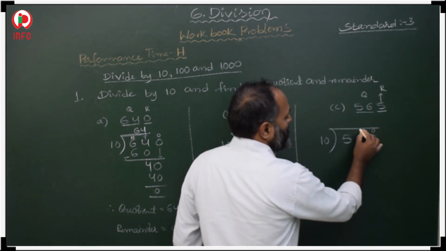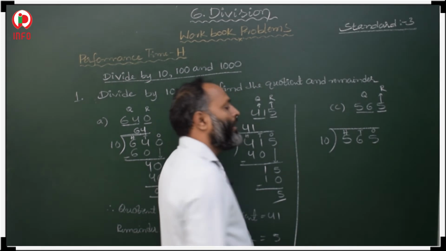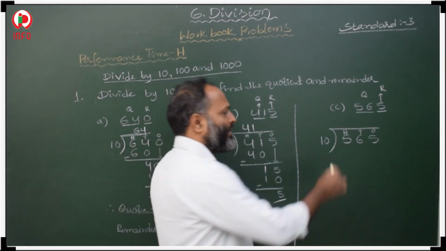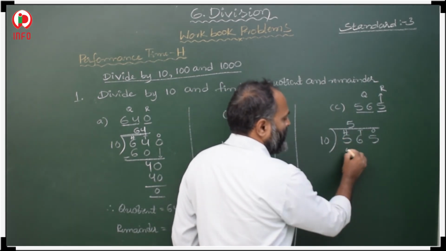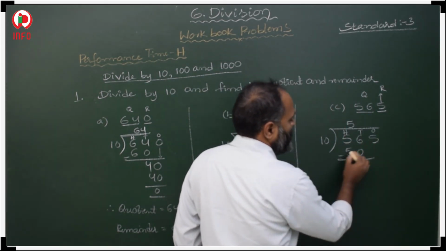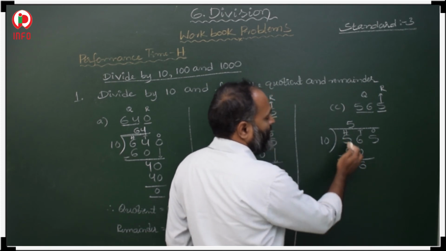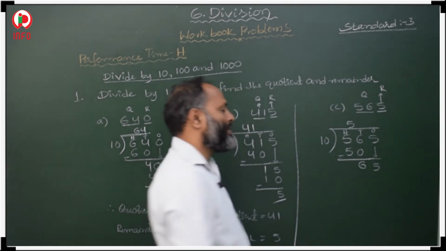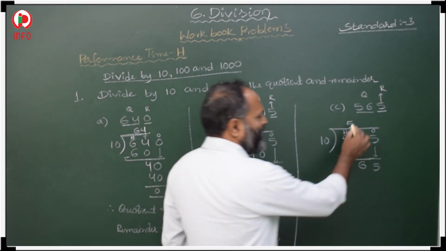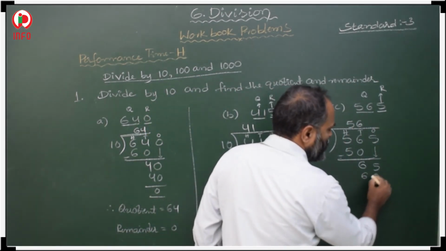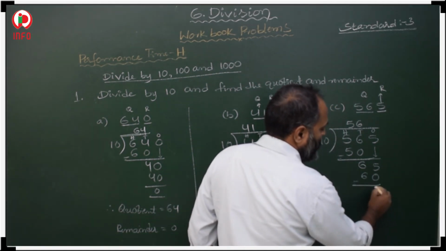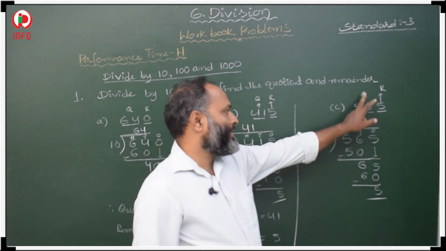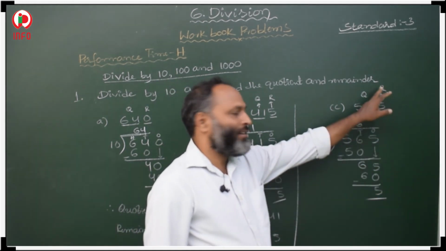This is the ones place, tens place, hundreds place. First 56: when we get it in the 10 table, 10 5s are 50, then minus: 6 minus 0 is 6, 5 minus 5 is 0, don't take that, then 5. 65 means 10 6s we have to take, 10 6s are 60, 5 minus 0 is 5, 6 minus 6 is 0. Then 56 is our quotient and 5 is our remainder.